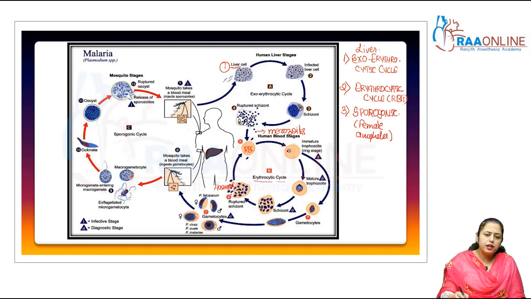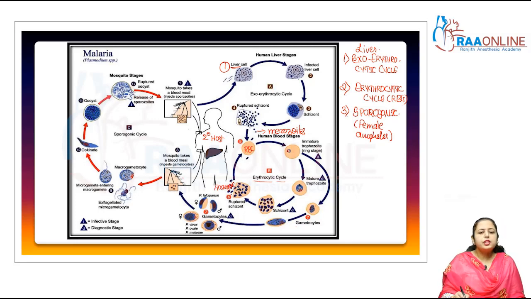In that case, the RBC is infected, that's why it is called the erythrocytic cycle. That is called the asexual reproduction, which occurs in the human, and the human is the secondary host for the Plasmodium. Clear? Now what will happen?